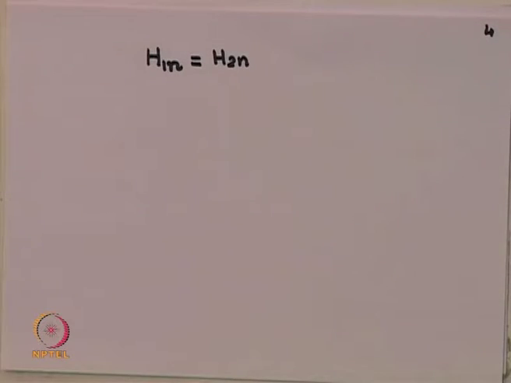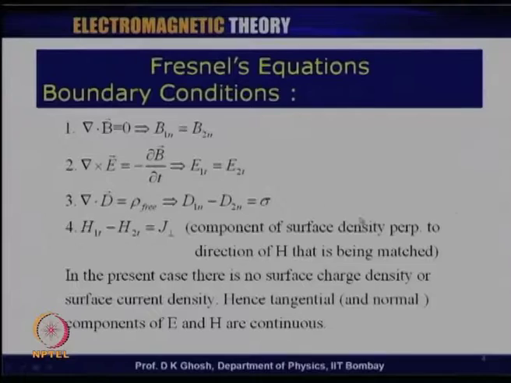Now, if you refer back to this again, I have del cross E equal to minus dB by dt, and this is a cross product. You remember that the standard mechanism has been, whenever I had a del dot divergence, I have taken a Gaussian pillbox, half in one medium, half in the other medium.